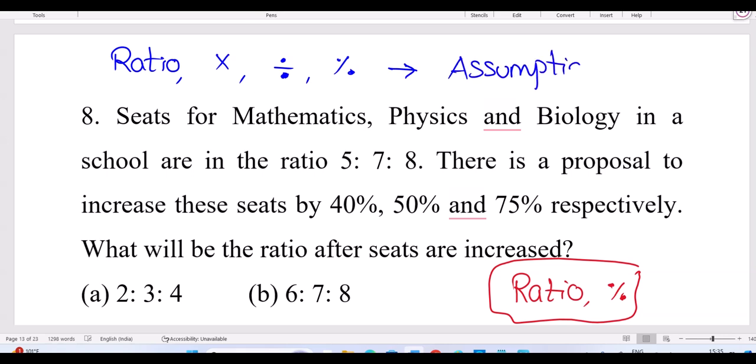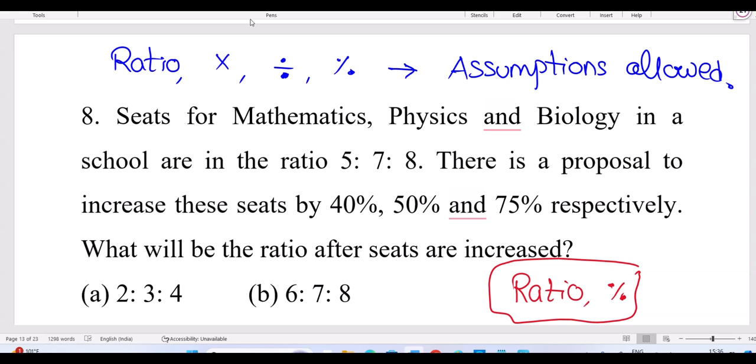Assumptions are allowed when only these cases are available. What is this assumptions allowed? I'll let you know. If in the question ratios are available, percentage available, or multiplication, division, or any one among that, or any combination of these, ratio and percentage, ratio and multiplication, any combination or alone also no problem.